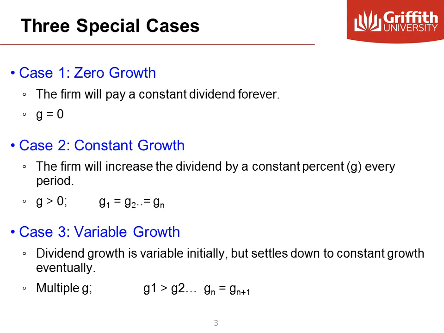In the second case, the dividends are growing, but they are growing at the same, or constant, rate. So the rate of growth is constant, not the dividend. The third case is where the dividends have a period of variation in growth, after which the rate settles to a constant level. We'll have a look at each case now with some examples.